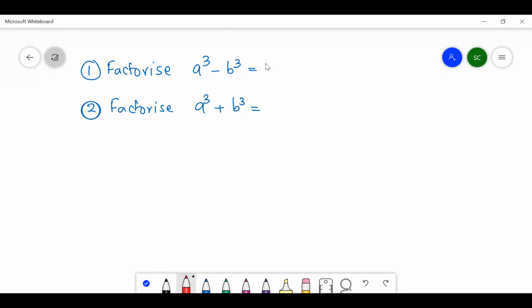Let us call this polynomial P in A. If we substitute P of omega B in place of A, then we get omega B bracket cube minus B cube, which is omega cube B cube minus B cube, which is B cube minus B cube, equal to 0, right?